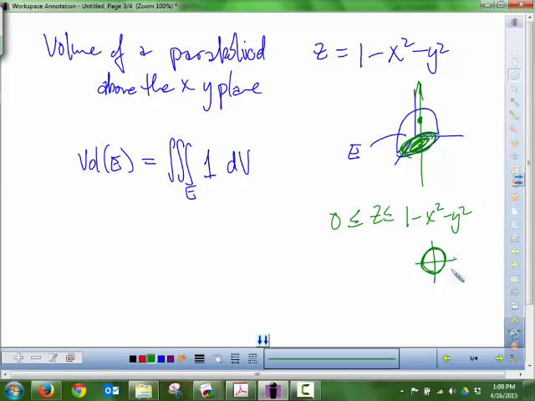So if you set z equal to 0, then you get x squared plus y squared is equal to 1. So if you're going to write this as an integral where we would integrate with respect to y and x, we would set up a double integral that's described by the circle.